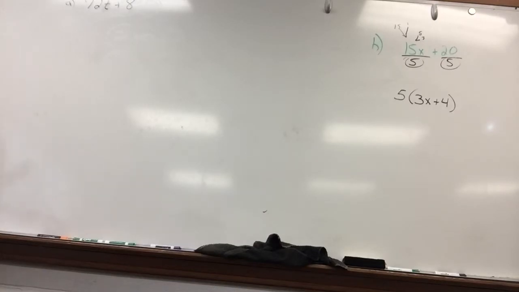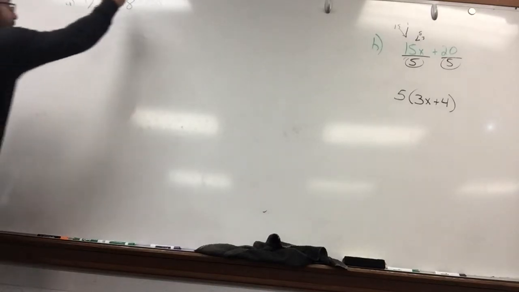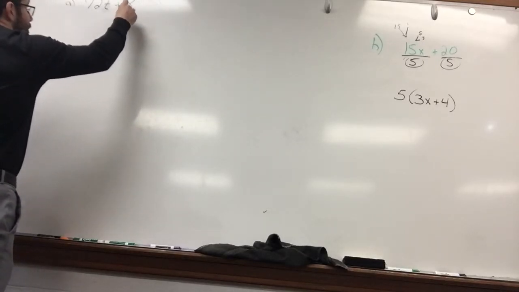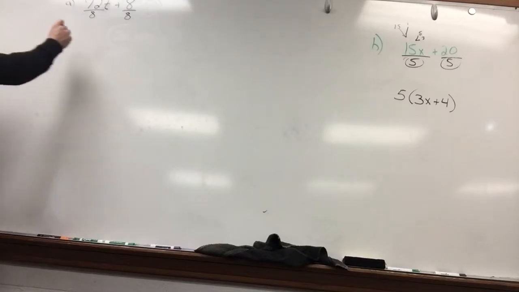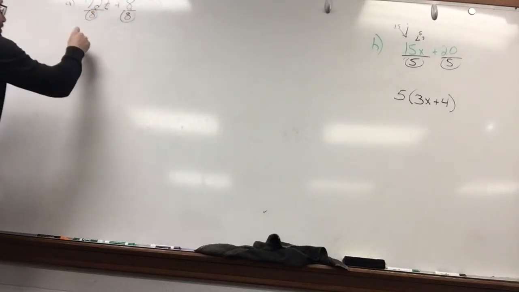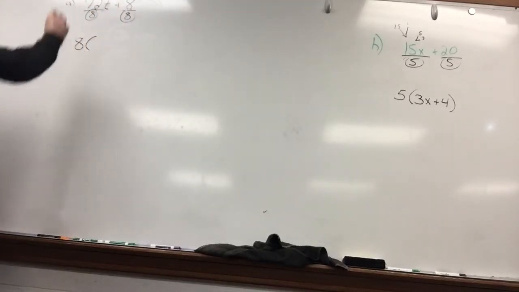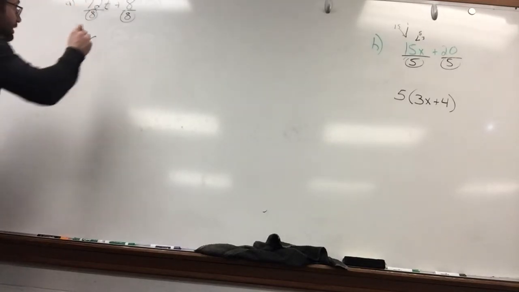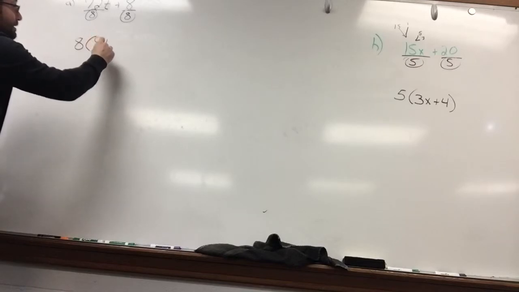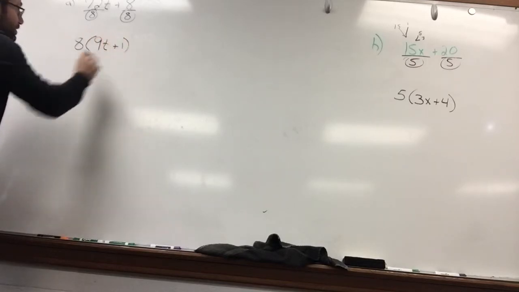Which number do I want to check first, Tyler? 8. Are these numbers both divisible by 8? Yeah. So this now becomes the coefficient. 72 divided by 8 is what? Bradley? 9. Say it. 9t plus 1.